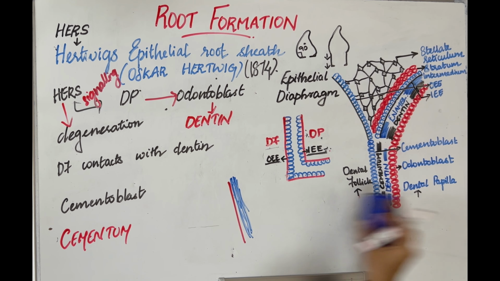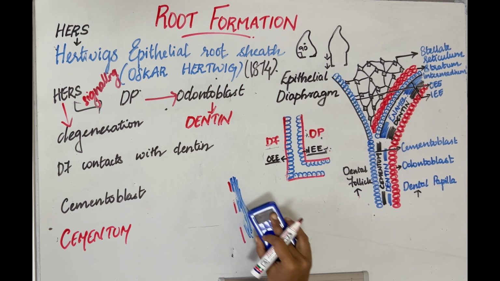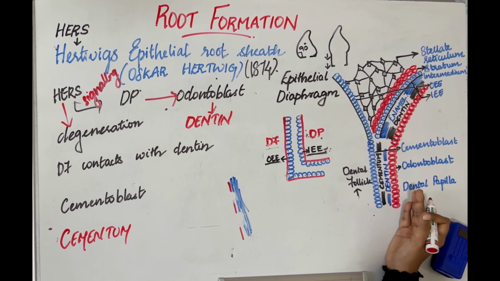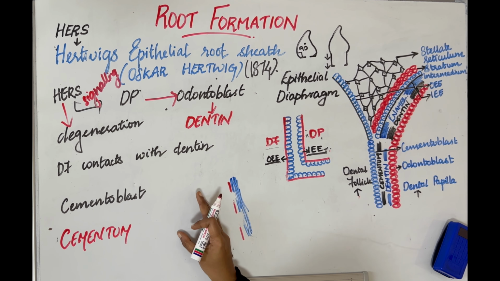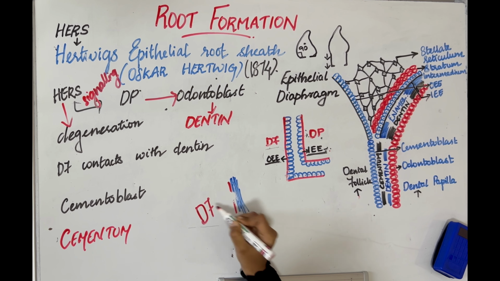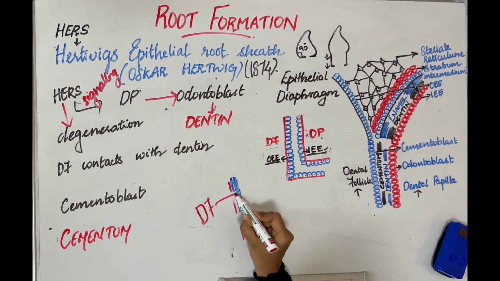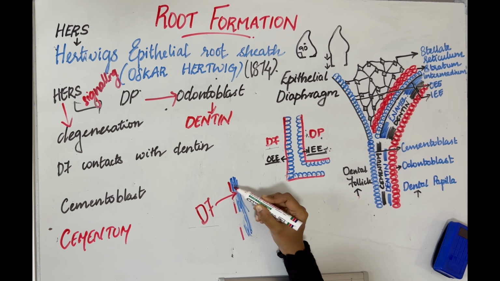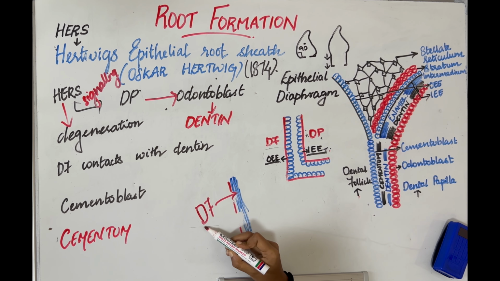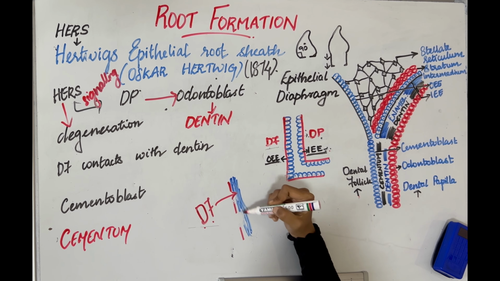In some portions they undergo degeneration, and in some portions the Hertwig's epithelial root sheath remains. On this side we have the dental follicle. These dental follicle cells will come in contact with dentin in the portions where there is no Hertwig's epithelial root sheath, or where it has undergone degeneration.